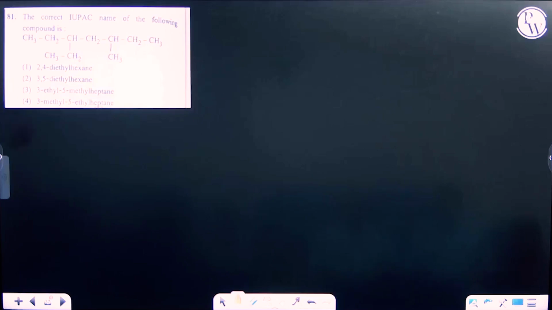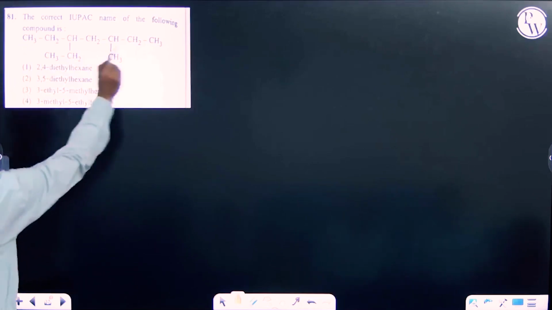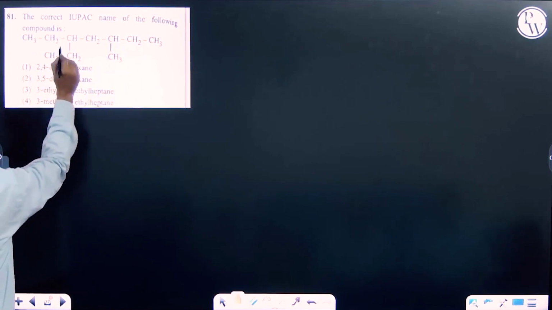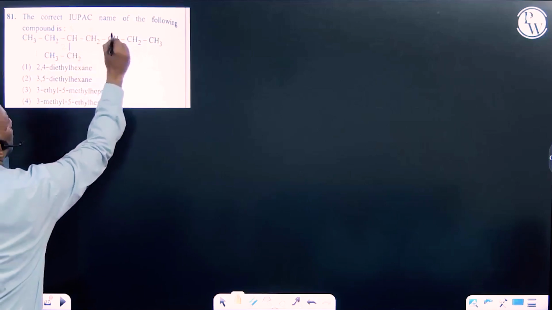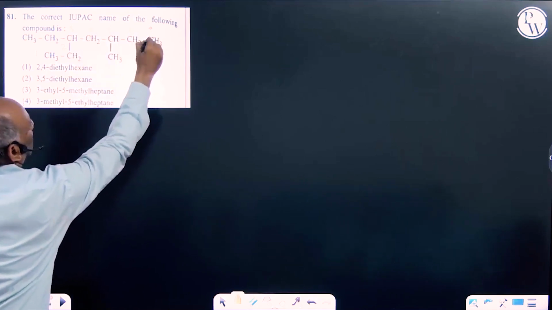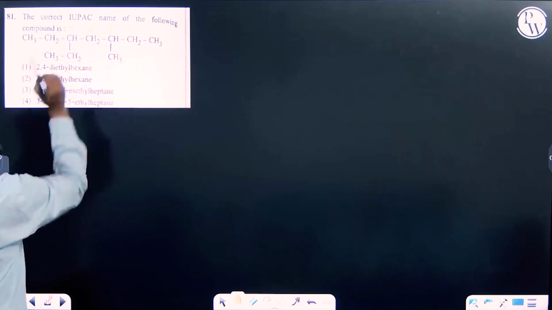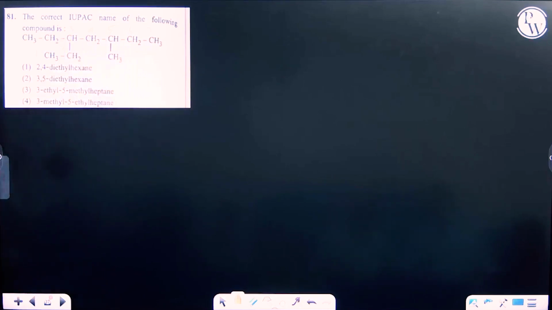The correct IUPAC name of the following compound. Need to be careful. Don't number it in this manner, because one more carbon is there. So you write it as 1, 2, 3, 4, 5, 6, 7. If you number from the other side, also 1, 2, 3, 4, 5, the alkyl groups get identical positions.